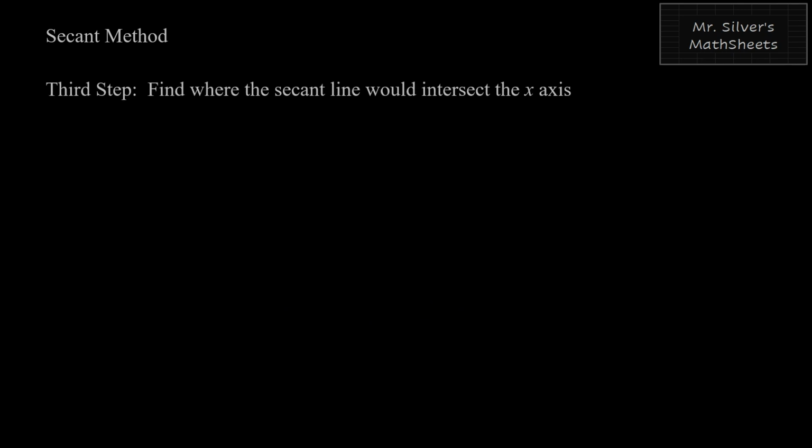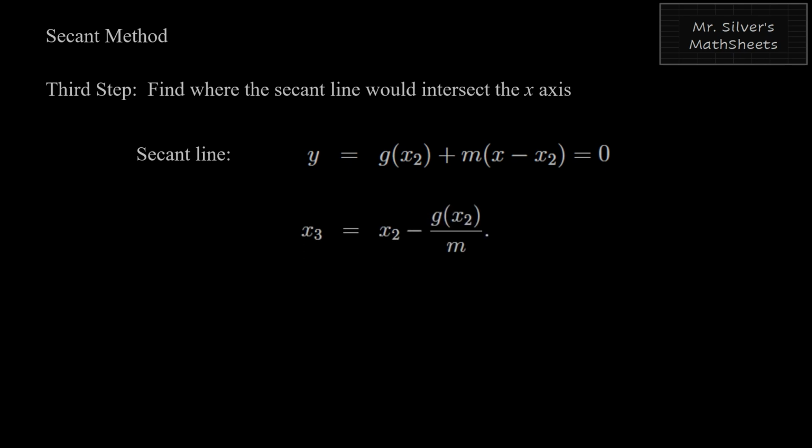Third step is you find the secant line and intersect it with the x-axis. That's straightforward. The secant line uses the slope we just calculated, and you find x, the new value of x, we'll call it x3.